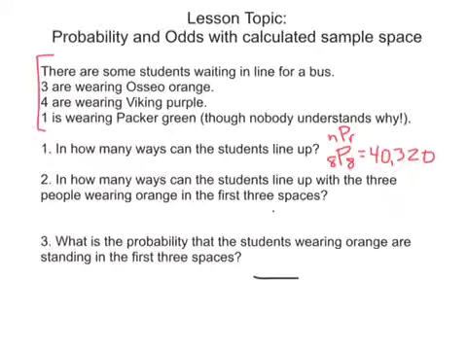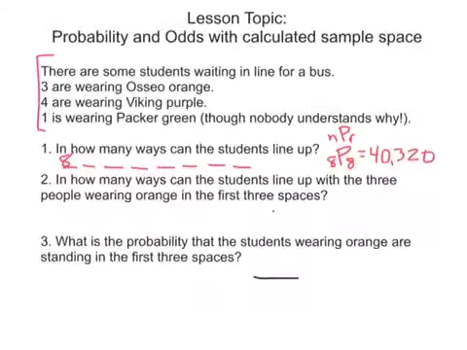Now, the fundamental counting principle could have been used here as well, and that is the idea that we can think about the line as being 8 blanks that need to be filled. How many people could stand in this spot right here? Well, there's 8 people that could be standing here, so that is 8.